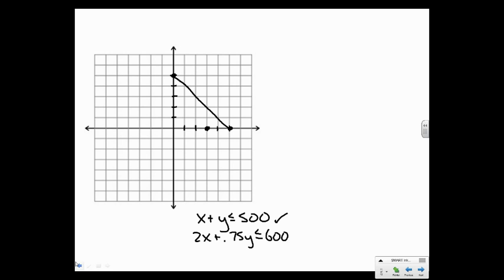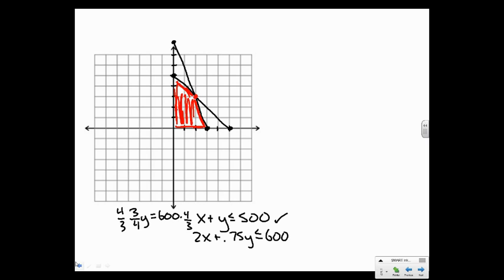And what if we covered up the next one? 3/4 y equals 600. So we'd have to times by 4/3. 600 divided by 3 is 200, times 4 is 800. So 500, 600, 700, 800 would be way up there. And so we would have to connect these two lines. All right, and so our region then is in here.